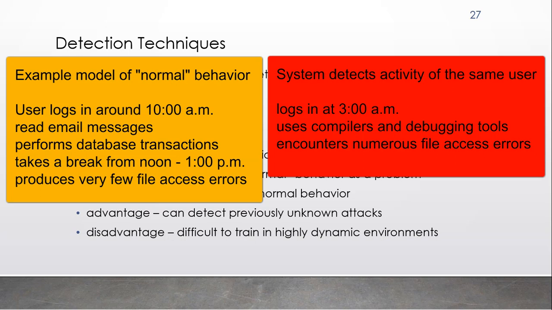During its operation, the system notices that this user logs in at 3 a.m., starts using compilers and debugging tools, has numerous file access errors. Because of the deviation from what we've deemed to be normal, this activity will be flagged as suspicious. Note once again that this is a manifestation or evidence of an intrusion or suspected intrusion.